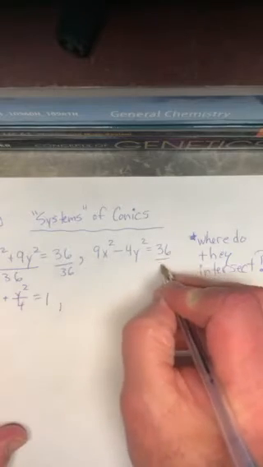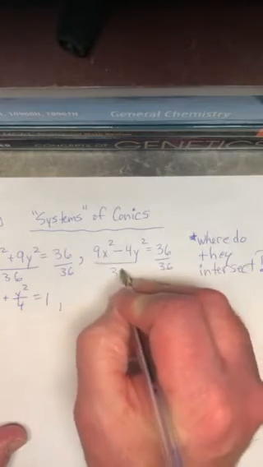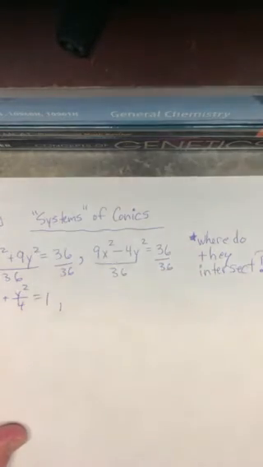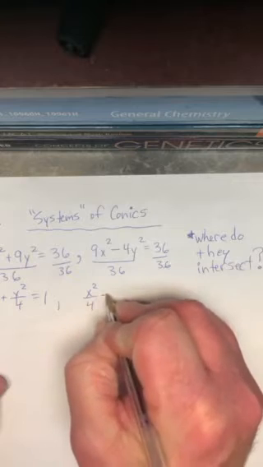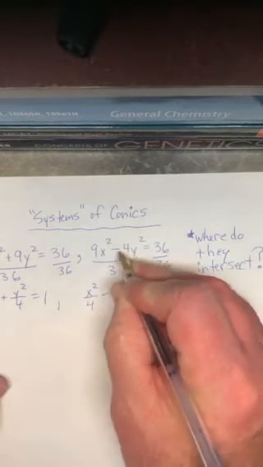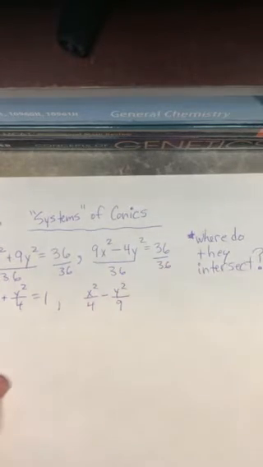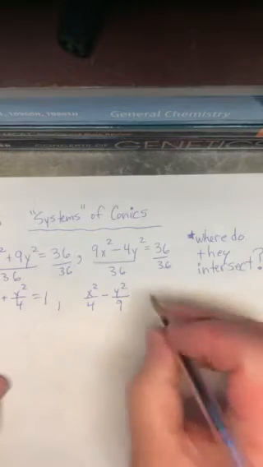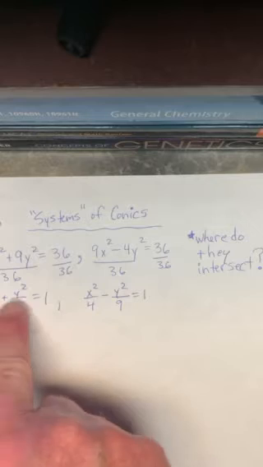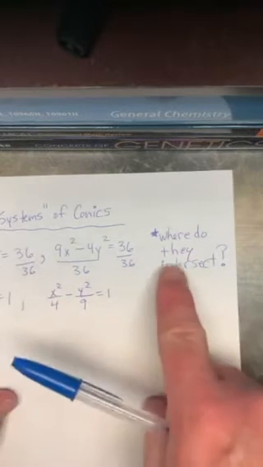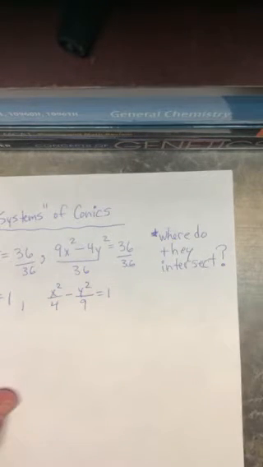So I'm going to also divide everything by 36 to get it into standard form, because you agree it's got to equal 1. I end up with x squared over 4 minus y squared over what? 9, because you're cross-canceling the 4 with the 36, equals 1. So I've got an ellipse and a hyperbola, and I want to know where do they intersect.